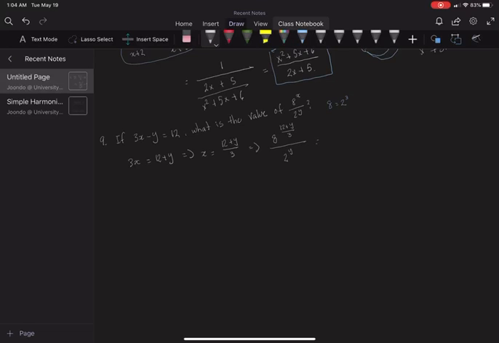So let's multiply this. This is 2 times 3 times (12 plus y) over 3, over 2 to the y's power. So this eliminates, and we have 2 to the 12 plus y over 2 to the y's power.